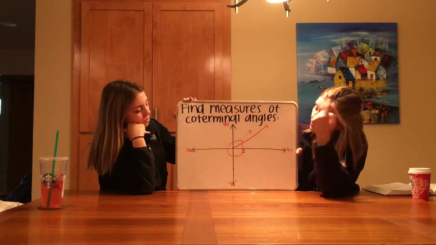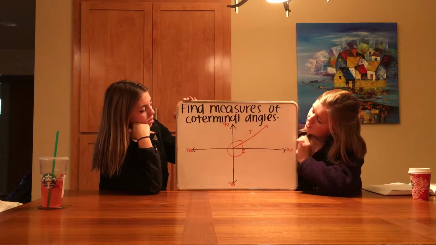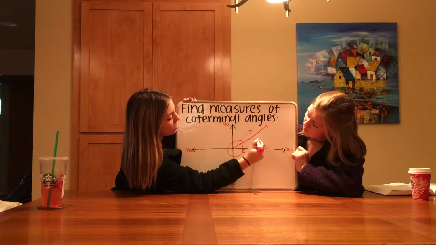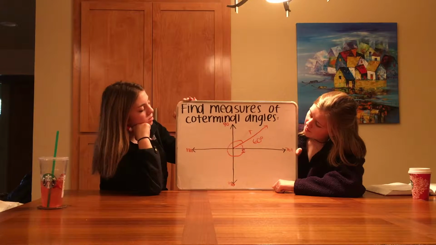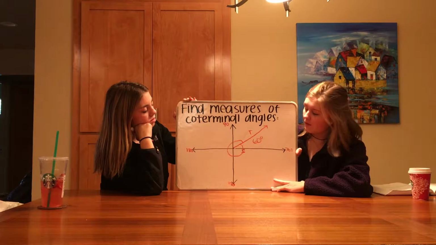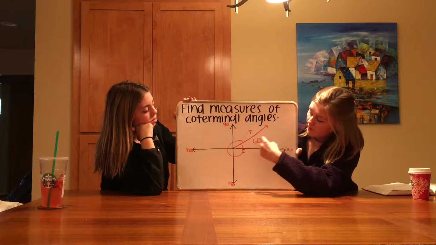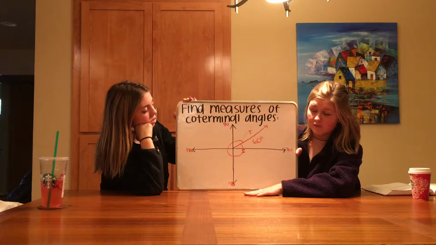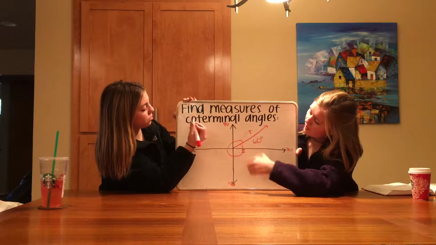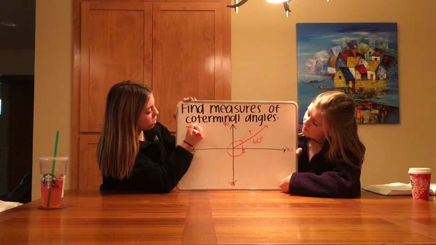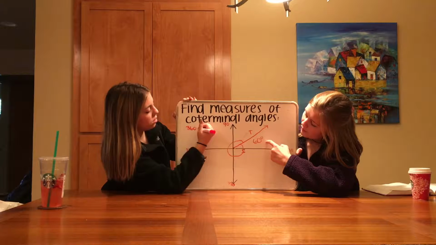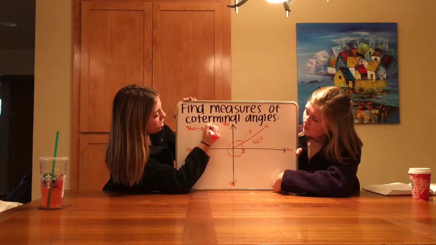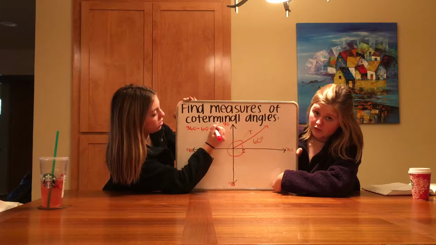Let's say our little angle is 60 degrees. All together, our angle plus its coterminal angle equals 360. So to find our coterminal angle, we do 360 minus our given angle, which is 60, gives you 300.